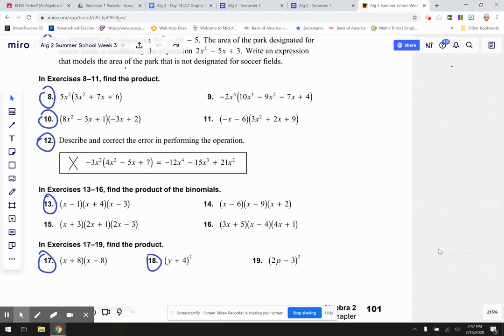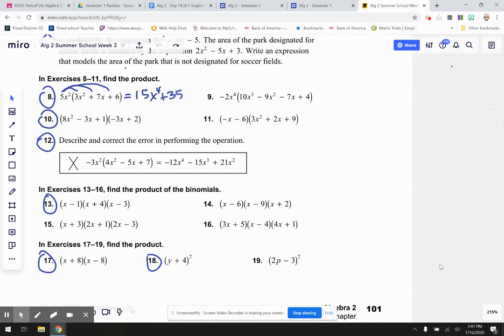So number 8 is just a distributive property one. You've got a 5x squared on the outside, so you are just going to distribute. So 5 times 3, you'll get 15. And you have x squared times x squared, which is x to the 4th. When you're multiplying x's, you add exponents. 5 times 7 is 35.